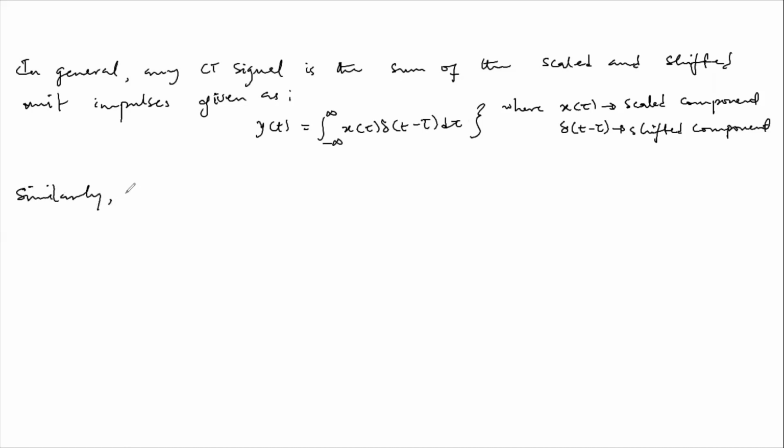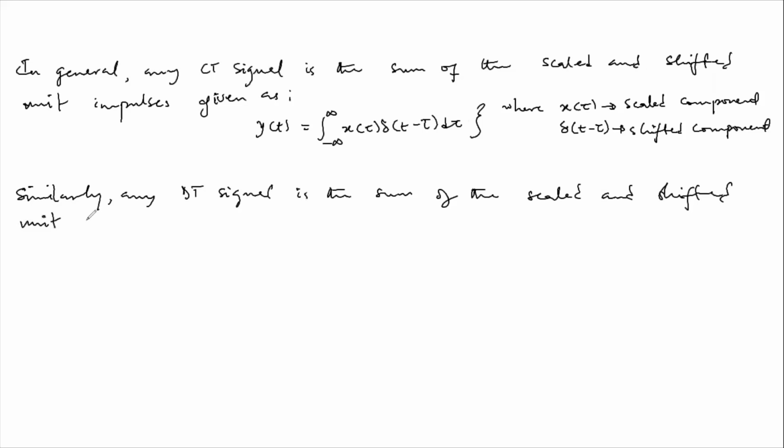Similarly, any discrete time signal is a sum of the scaled, shifted unit impulses, given as s of n, the sum over k, taking on values from negative infinity to infinity, of s of k delta of n minus k.